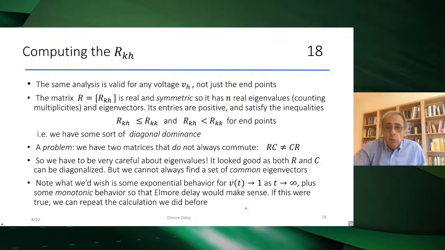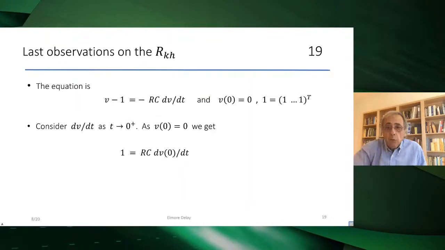So R and C do not commute. So we cannot find a set of common eigenvectors. So we have to be very careful trying to get this exponential behavior correctly to make sense, because, as I said, R will have a set of eigenvalues, but RC we don't know. So let's keep going and see where do we get so far.